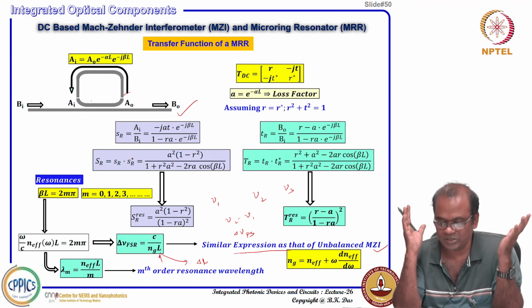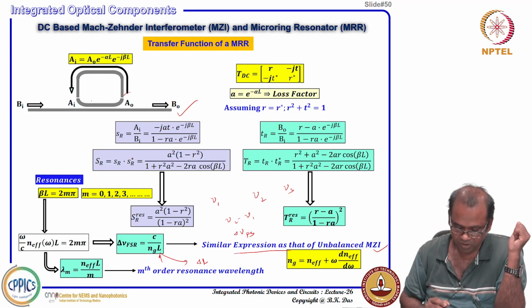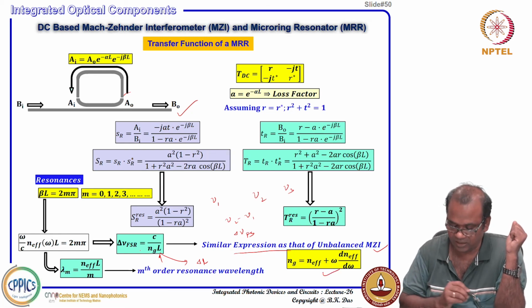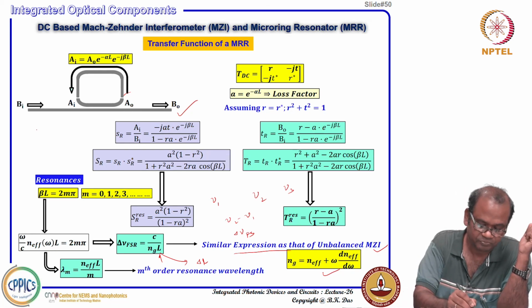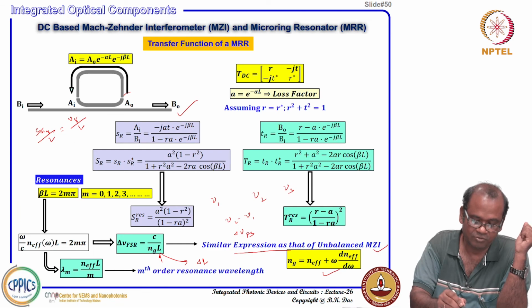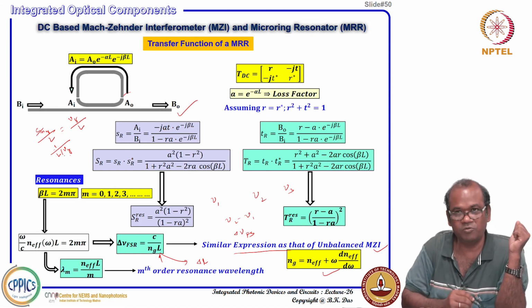So this is a very important device, and depending on the group index n g I can find this out. If you carefully look at this expression, c by n g times L, c by n g may be considered as the group velocity, so this can be written as 1 over L by Vg. L is the perimeter length and Vg is the group velocity.